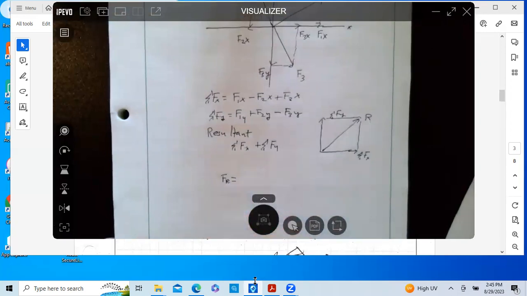then is just going to be the square root of the force resultant in the x direction squared plus the force resultant in the y direction squared, root of that quantity.